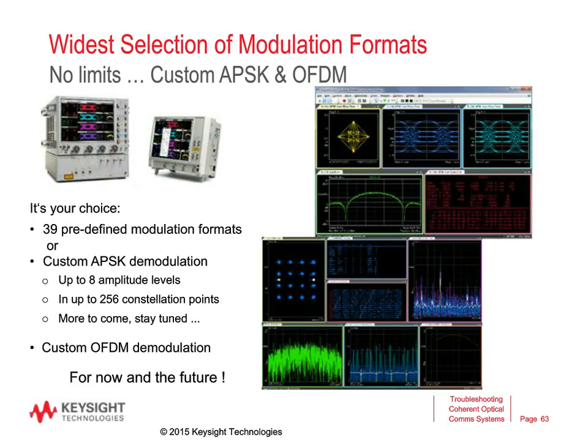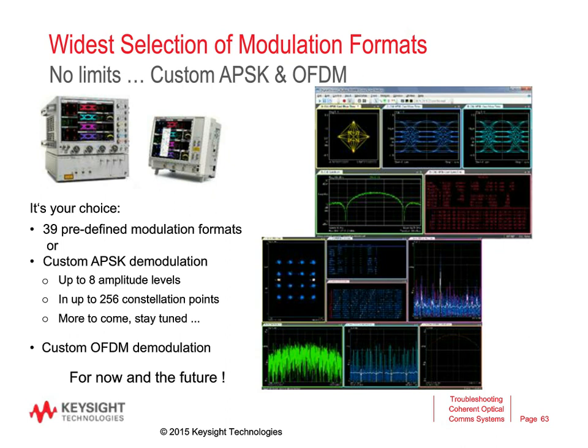And again, we have the widest selection of modulation formats inside the optical modulation analyzer software, from custom APSK to even OFDM. We can choose between 39 predefined modulation schemes. We can do amplitude phase shift keying.